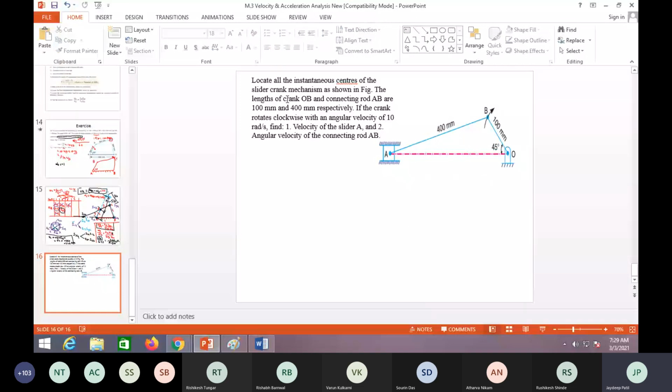The length of the crank OB is given here as 100 mm, and the connecting rod AB is 400 mm. If the crank rotates clockwise, the angular velocity of the crank OB is given directly as 10 radian per second. We have to find the velocity of slider A and the angular velocity of connecting rod AB.